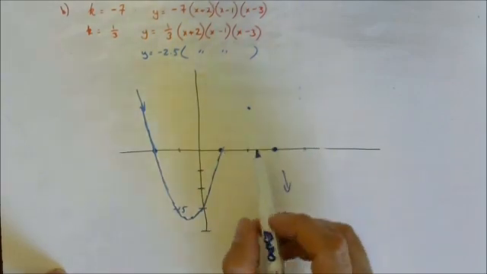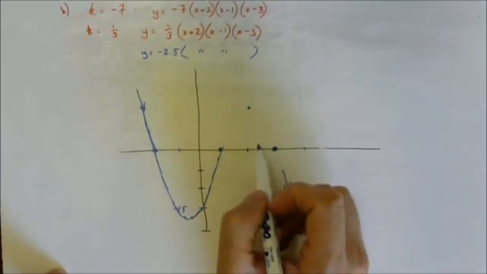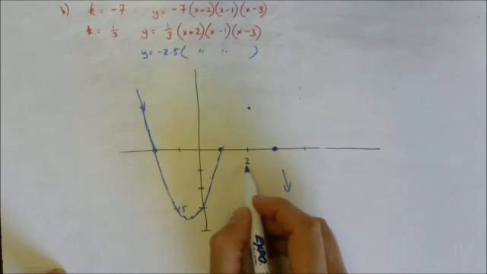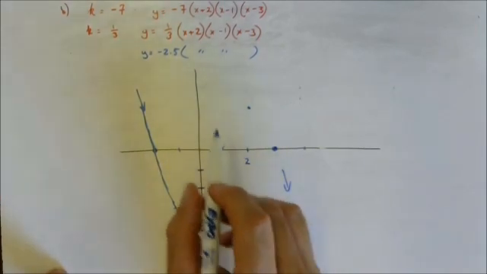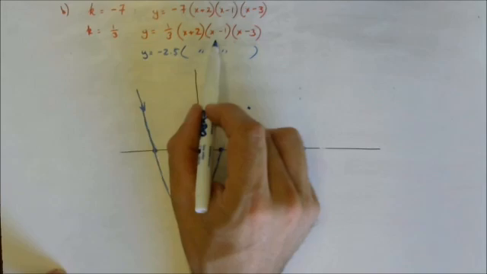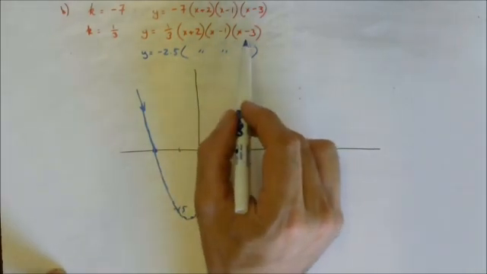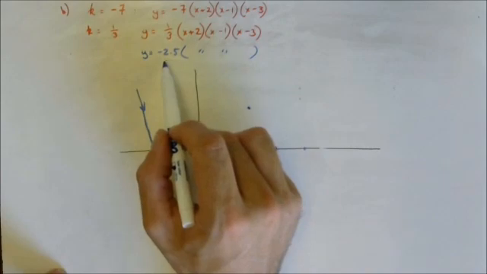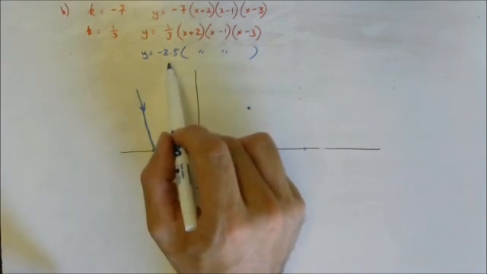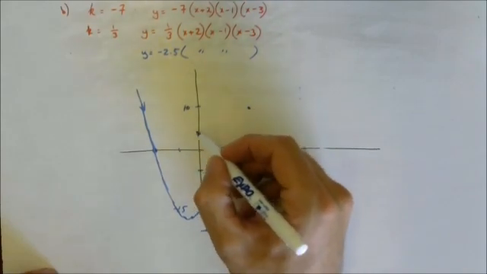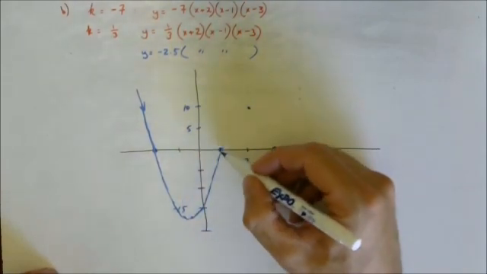We could figure out where this kind of point is. If we know that x is 2 here, you could really just sub in 2 for x. You'd get 4 times 1 is 4, times negative 1 is negative 4, times 2.5, you'd be at positive 10. So you got 10 there, 5.